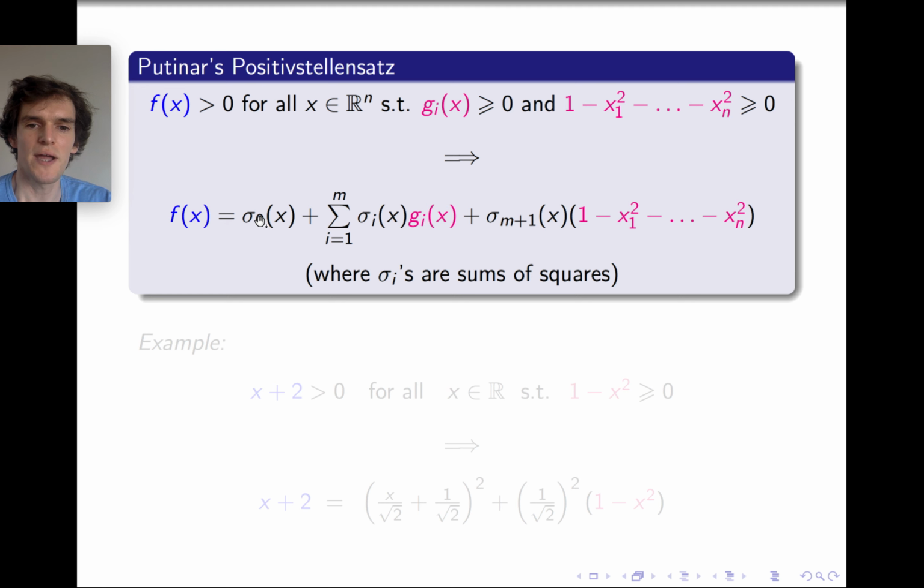These sigmas are the weights that multiply these constraints, and they are going to be sums of squares.